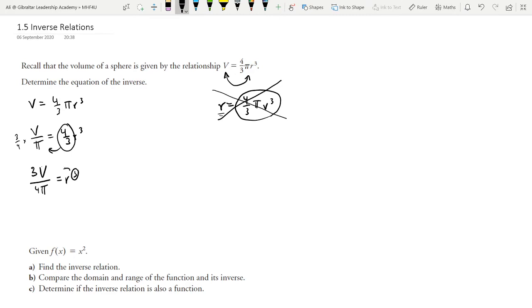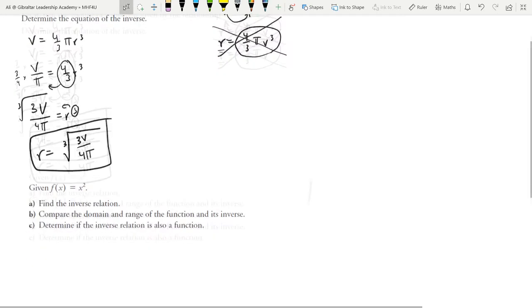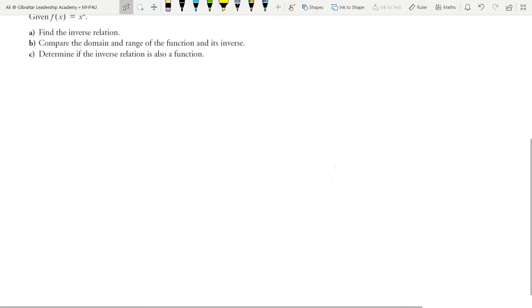Finally, take the cube over to the other side, which requires doing the cube root. So our final equation would be r is the cube root of 3V over 4 pi. That's your process for finding the inverse. Remember, we have to keep track of what the variables represent, because if you switch their spots, they now represent something different.